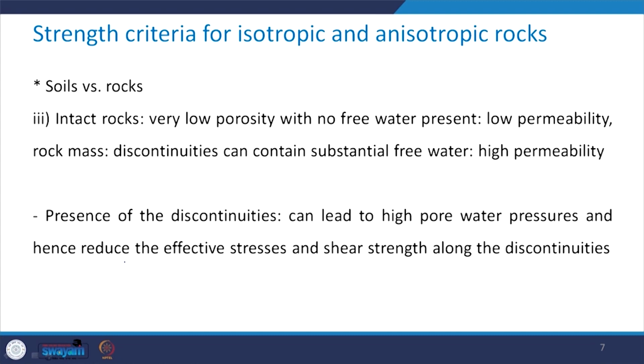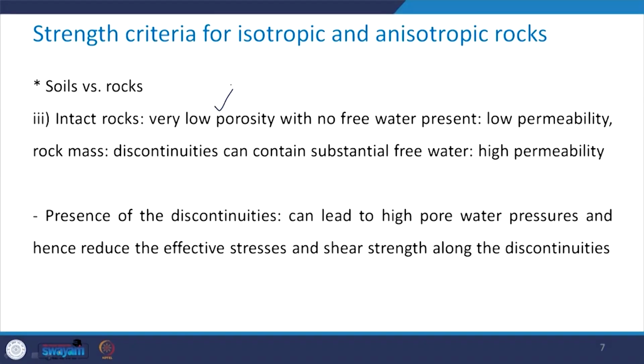Then the third aspect which makes rocks different from soils is that in case of intact rock, you have very low porosity with no free water present, and this results in low permeability. What happens in case of the rock mass? You have the discontinuities, and these can contain substantial free water, and as a result the permeability of the rock mass becomes very high.